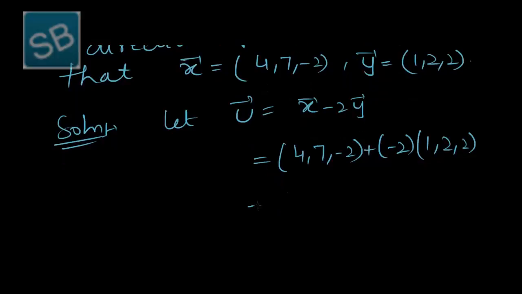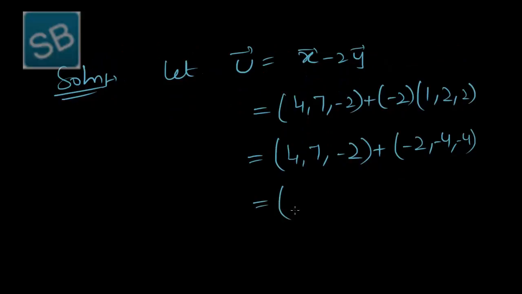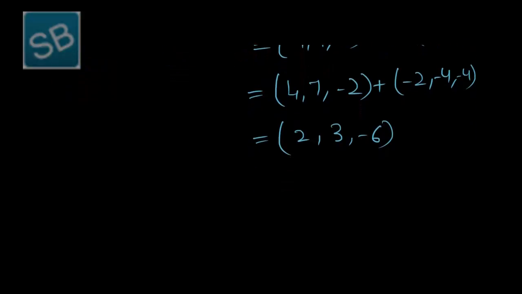That is, 4 minus 2 is 2, 7 minus 4 is 3, minus 2 minus 4 is minus 6.